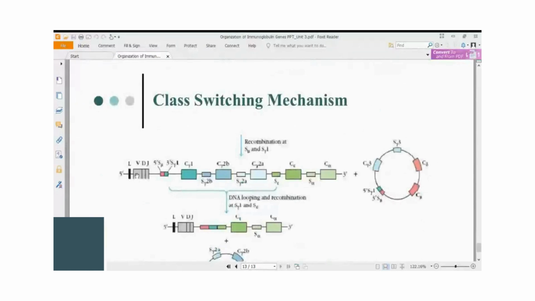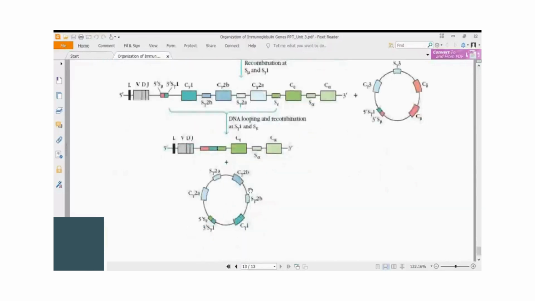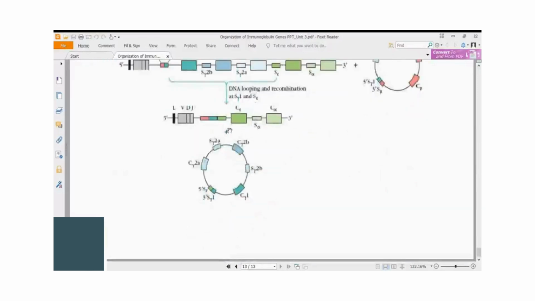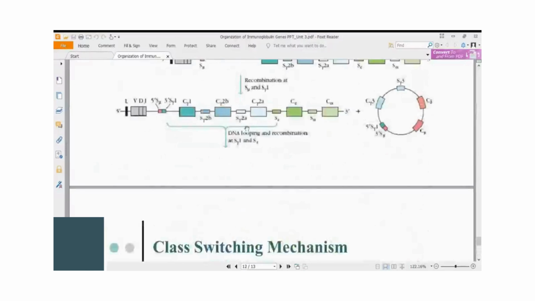And the recombination once again, VDJ with the signal sequence of the epsilon, will take place, and the segments in between will be deleted, resulting in C epsilon. So that will result in the production of IgE antibody. So this is how the class switching takes place in the antibody production.